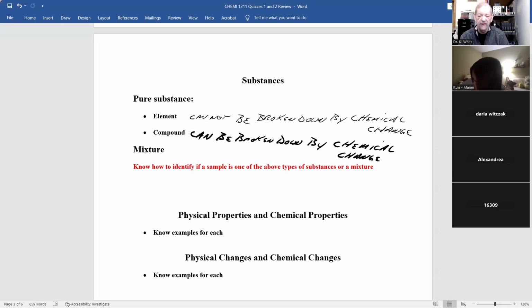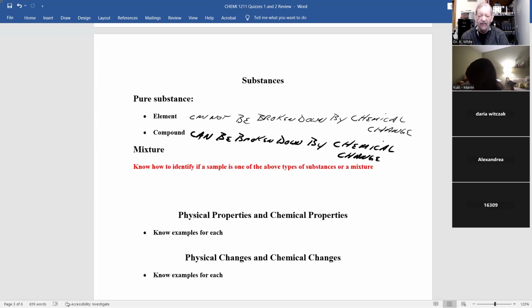Now, a mixture is two or more substances that are together, but each retains its own identity. A mixture is two or more things brought together, and each retains its own identity.